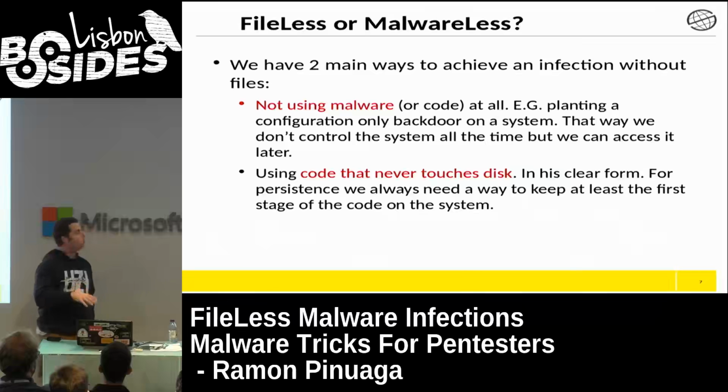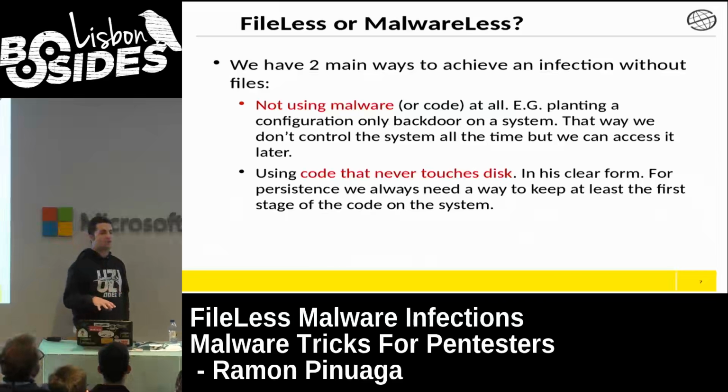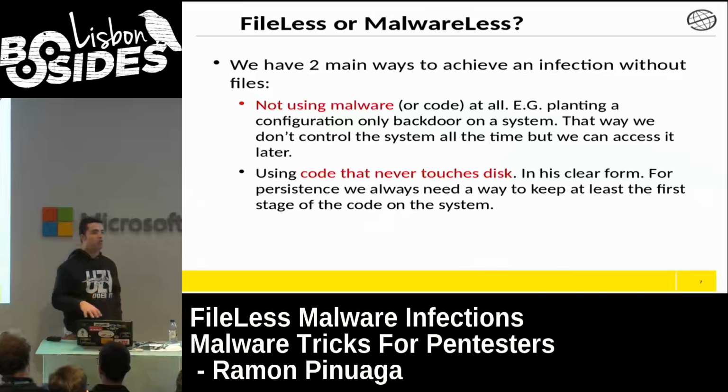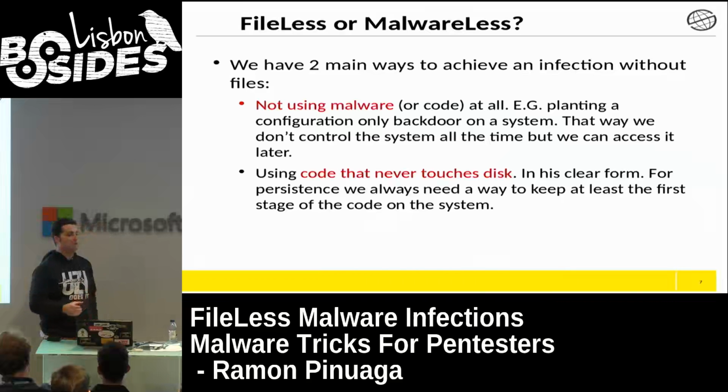We can try to not use malware at all, not use code. And we also can use code, but code that never touches disk. We can hide this code in places that are not files, and we can obfuscate this code to hide it from security tools.